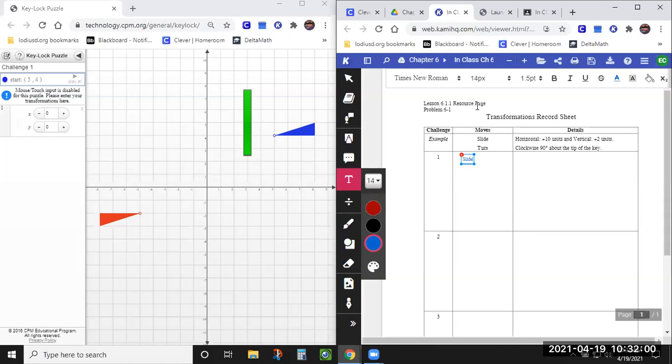I want to pick bigger writing though. Okay, so we're going to slide down 6. What word stands for down? Horizontal or vertical? If I'm going down 6, am I changing the X or am I changing the Y?